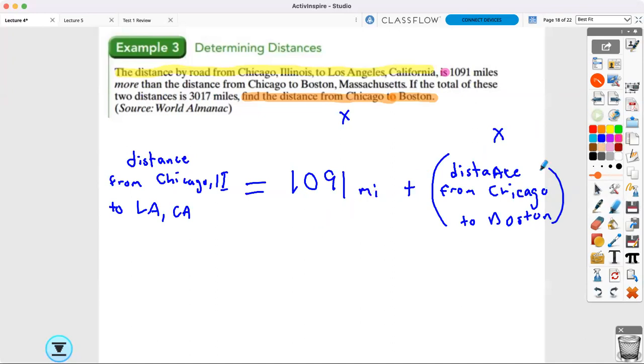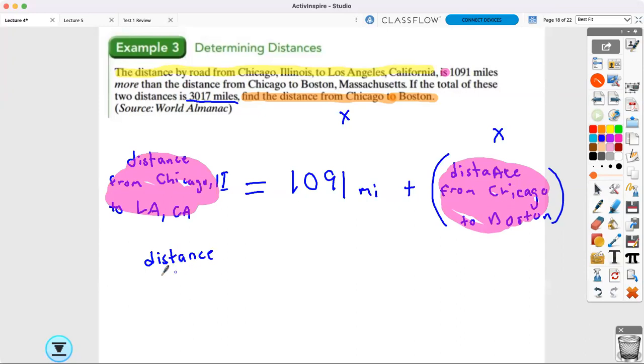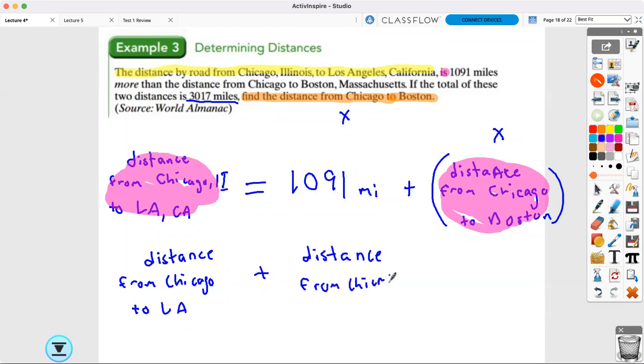So I'm gonna highlight my distances in pink. So this is one distance. And then this is my other distance. These two added up give me what? 3,017. So I'm gonna write the distance from Chicago to LA plus the distance from Chicago to Boston.